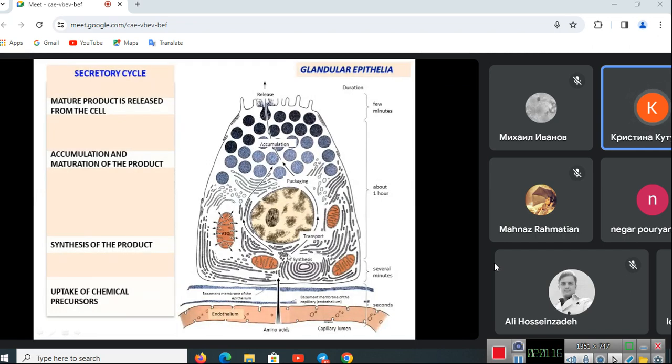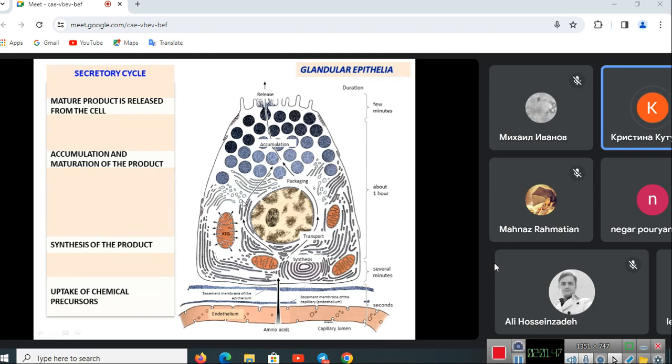The precursor for proteins is amino acid. So this cell takes amino acids, which go via diffusion from the blood capillaries through the basement membrane to this cell. Amino acids go to the rough endoplasmic reticulum where the proteins are synthesized. So the second step is synthesis of the product.